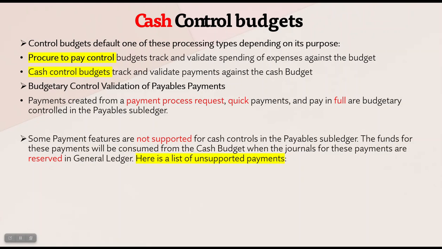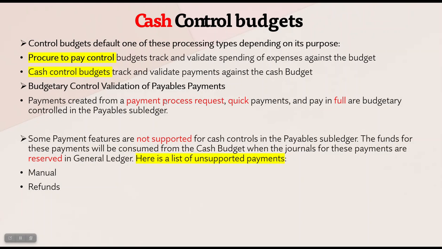Here is a list of unsupported payments: manual payment, refund payment. So only the payments which are PPR, quick payment, pay in full are supported for the cash control budget.